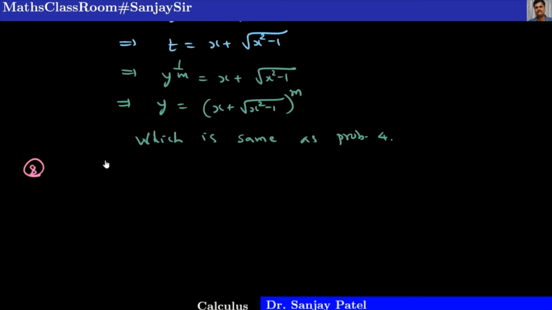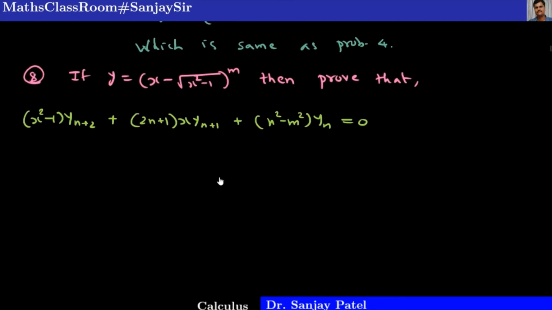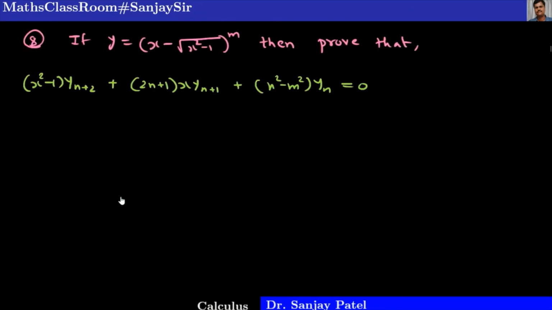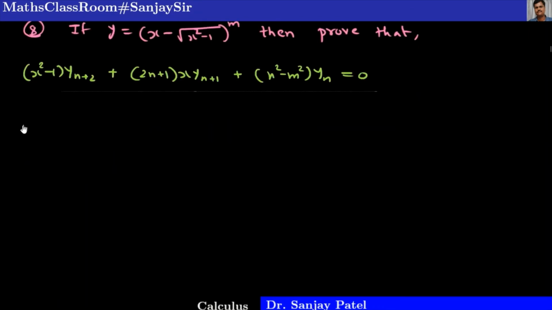If y is equal to (x minus square root of x square minus 1) raised to m, then prove that... Let us solve this one, number 8.